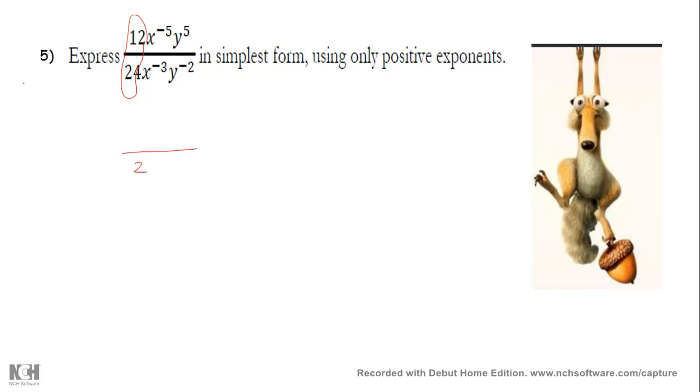Now remember, when you divide, you have to subtract the exponents. So here I have, for the x's, negative 5 minus negative 3, which would be negative 2. Well, x to the negative 2 is equal to 1 over x squared, so I'm going to put the x squared down here at the bottom.